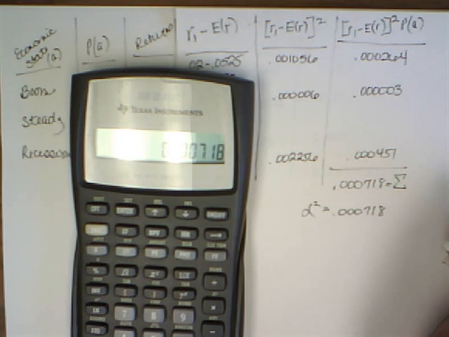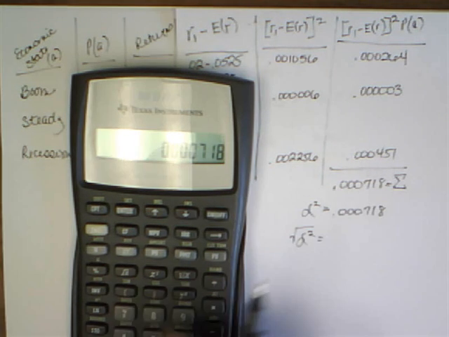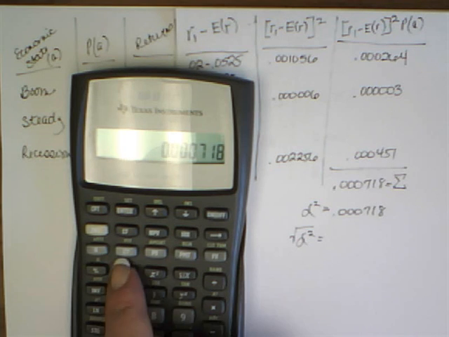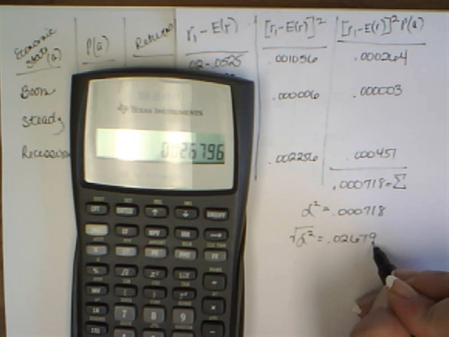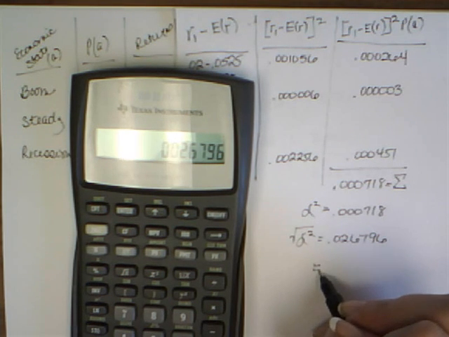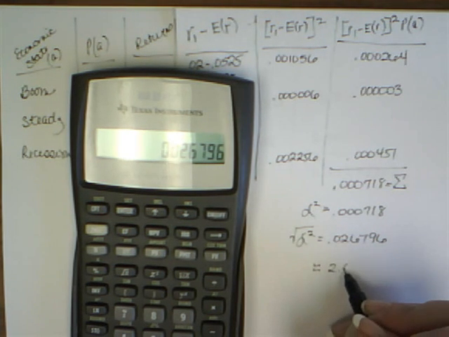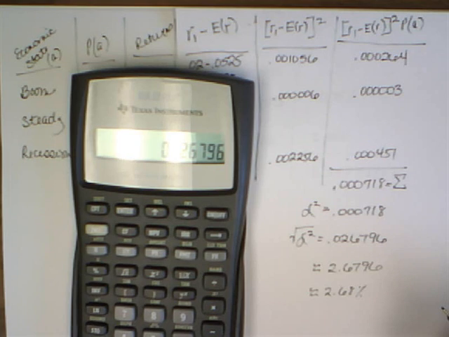And then when we take the square root of that, which is this key right here, we get 0.026796, and if we convert that over to a percentage, we get 2.6796% or 2.68% with rounding.